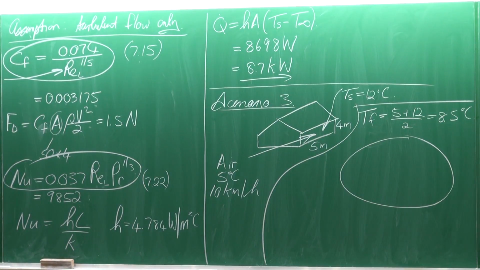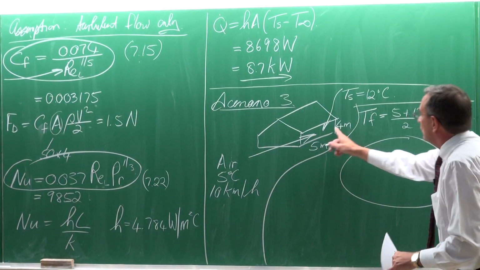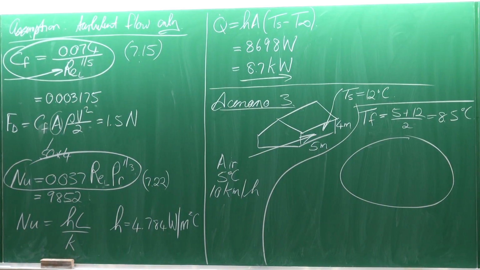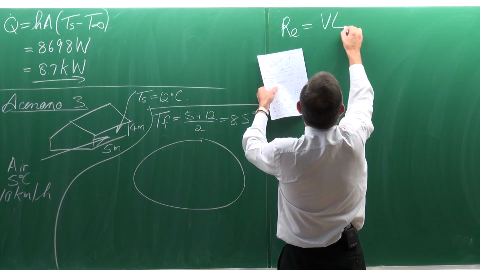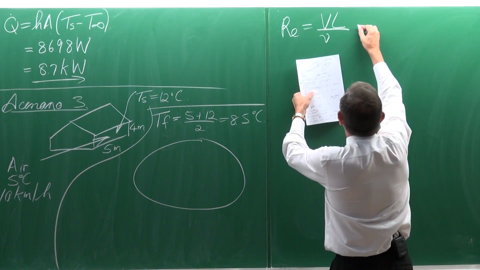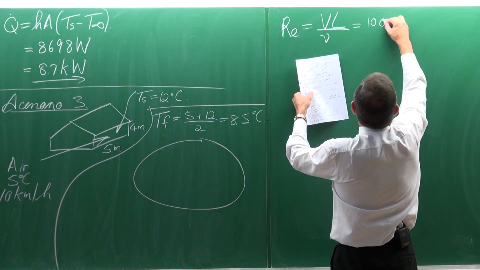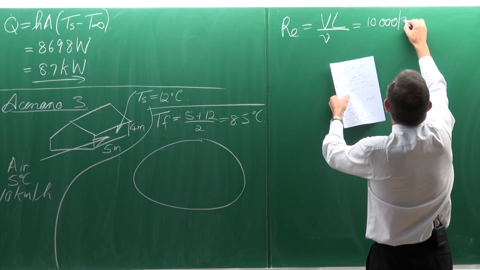So again, let's determine the Reynolds number now to see if the flow is laminar or turbulent. So the Reynolds number is equal to VL divided by the kinematic viscosity. The velocity is 10 kilometers per hour.